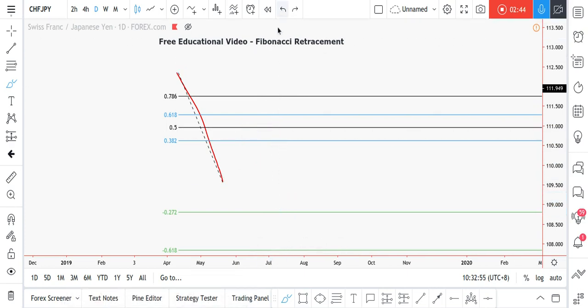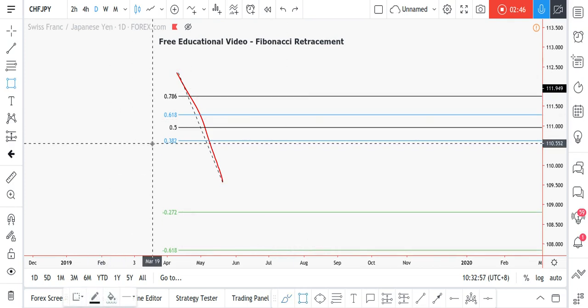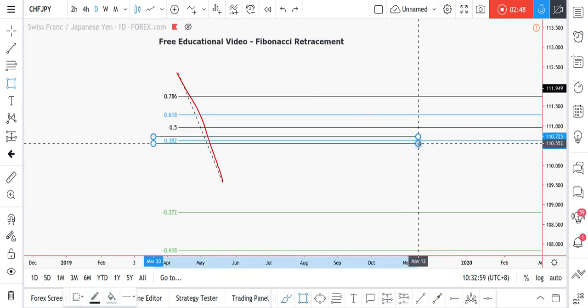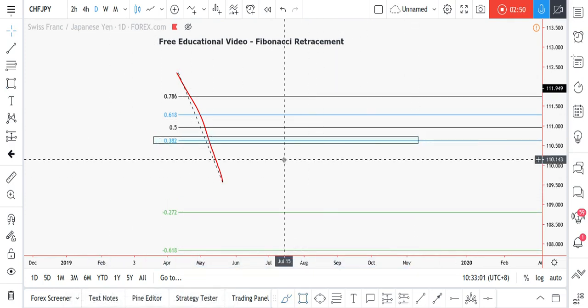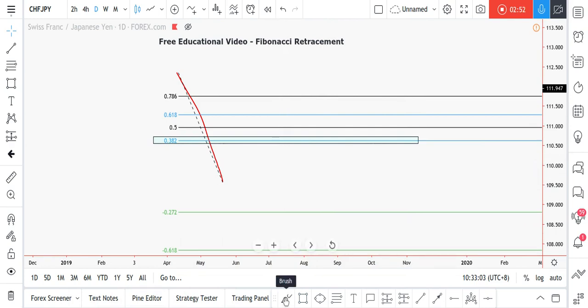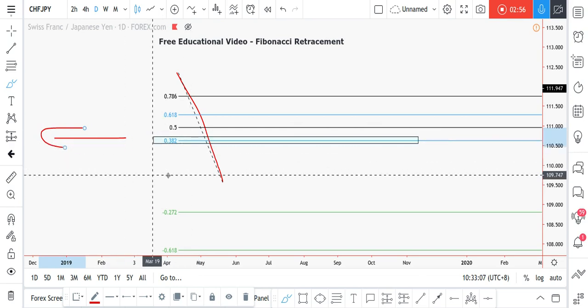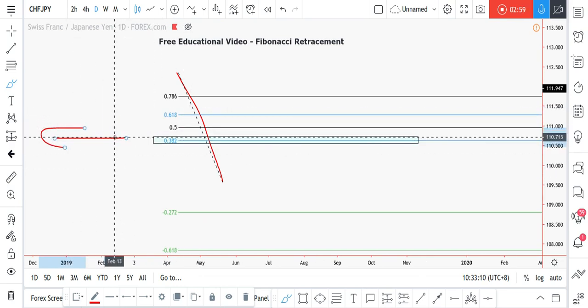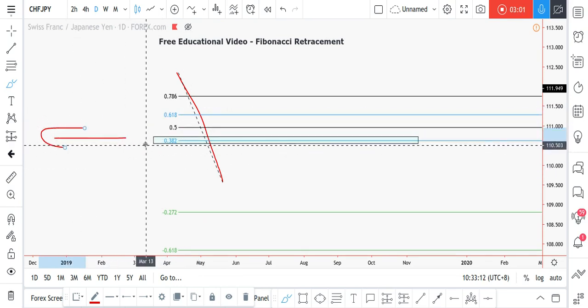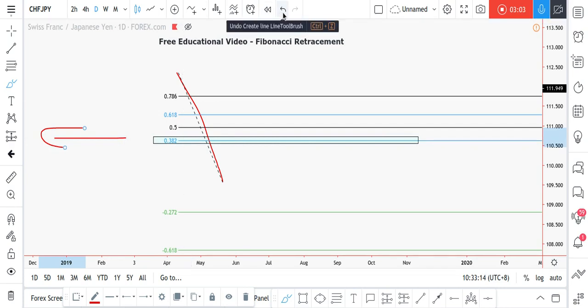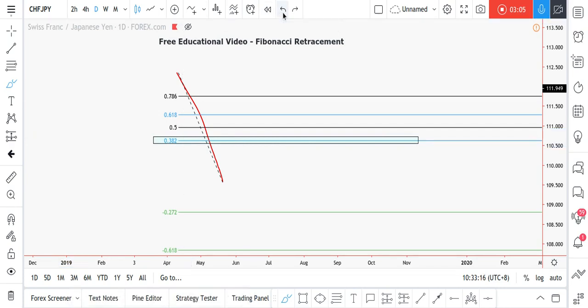Now it's very important that you guys understand that these levels are always good, or much better, with a previous structural level in the past. So we always need to look at structural points in the market in the past where the market has respected this level, or where the market has not respected this level.